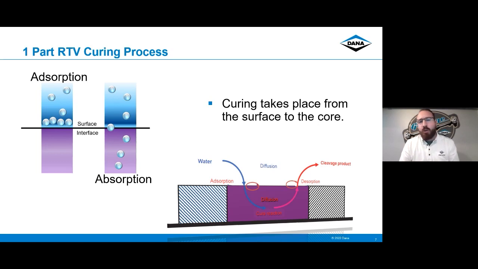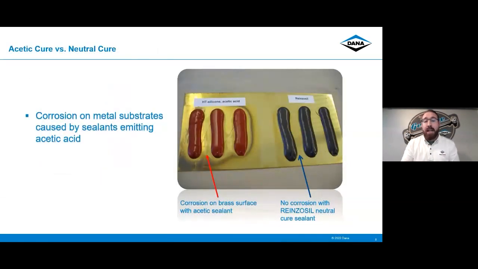You don't get that with a neutral cure silicone, which is important in automotive and commercial trucking applications. We have sensors that we're dealing with. We have specific metallurgies that we're trying to seal together, whether it's aluminum, maybe it's brass, cast material. So we need a sealant that is capable of interacting with those surfaces and not causing any bad side effects, right?